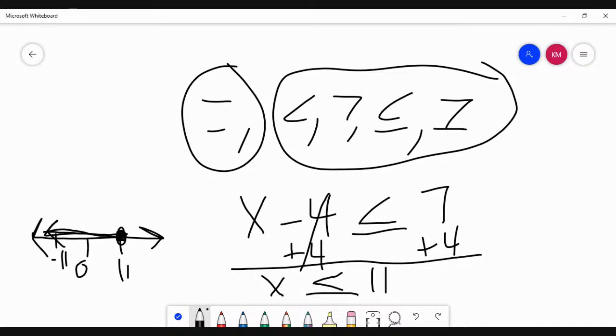So for less than or equal to's and greater than or equal to's, you have a closed circle, meaning the circle is filled in. You shade to the left if it's less than or equal to, and shade to the right if it's greater than or equal to.